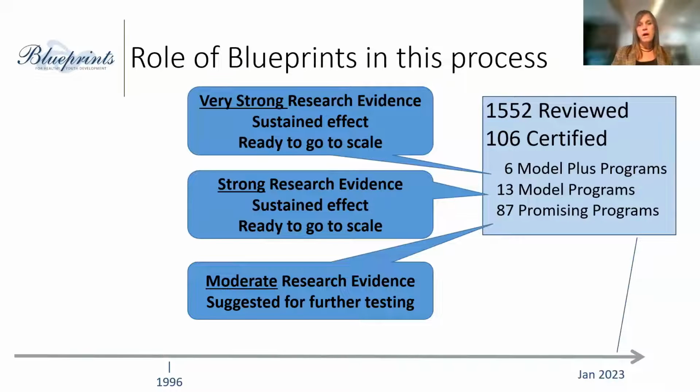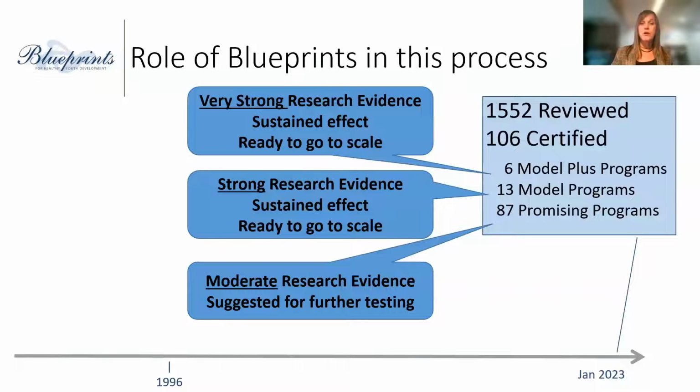We consider that moderate research evidence. Promising in that this program has potential in terms of producing desired outcomes, but before it moves to Model and Model Plus, we need more information. So that's what we mean by moderate research evidence suggested for further testing.